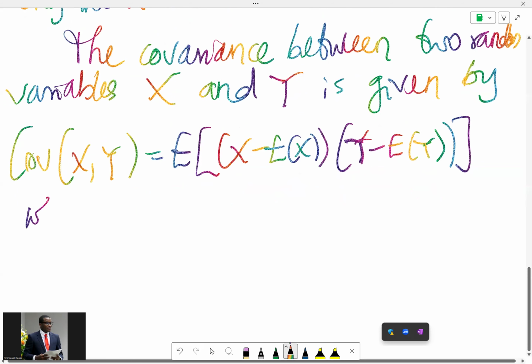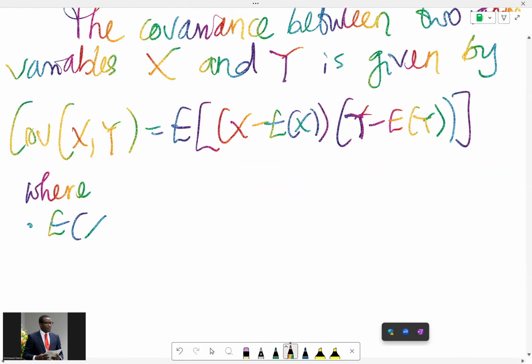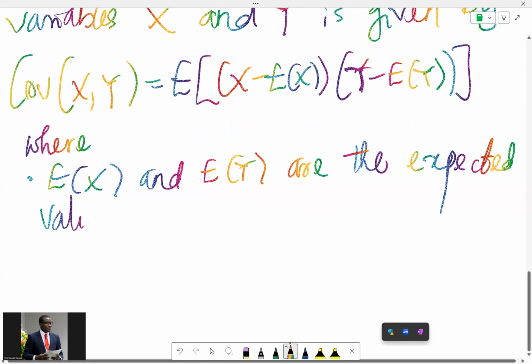Here, the expectation of x and expectation of y are the expected values of x and y.